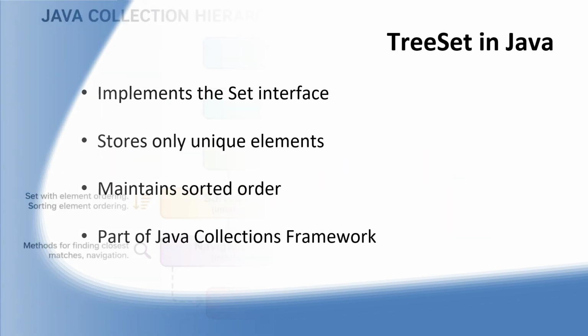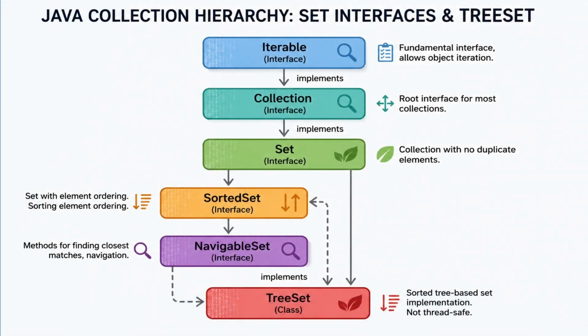So let's see the hierarchy of the TreeSet. TreeSet implements the NavigableSet interface. I told you the Set interface has three implementation classes: HashSet, LinkedHashSet, and TreeSet.